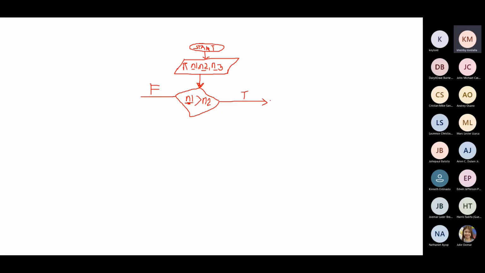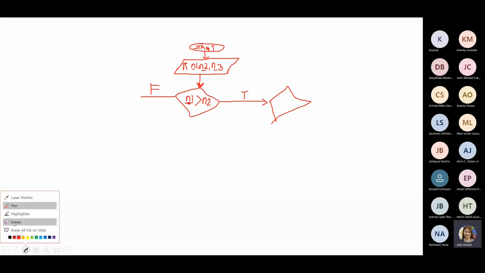N1 greater than N3 and N1 greater than N2 and N1 greater. Okay, so meaning we have another decision block? Right?